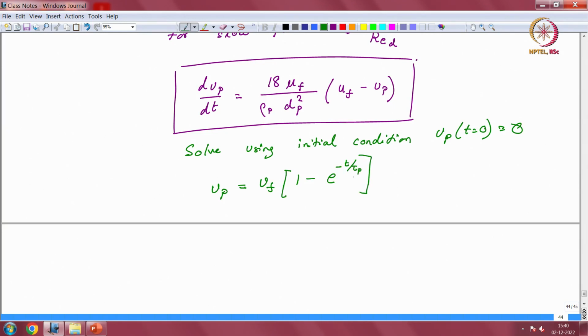So you can see this is the tau p that we are after, where tau p is rho p dp squared by 18 mu f.